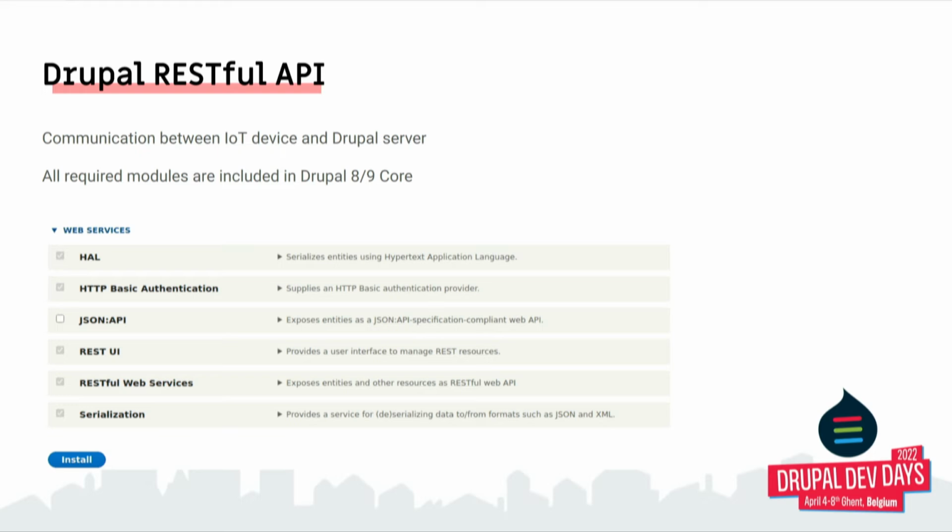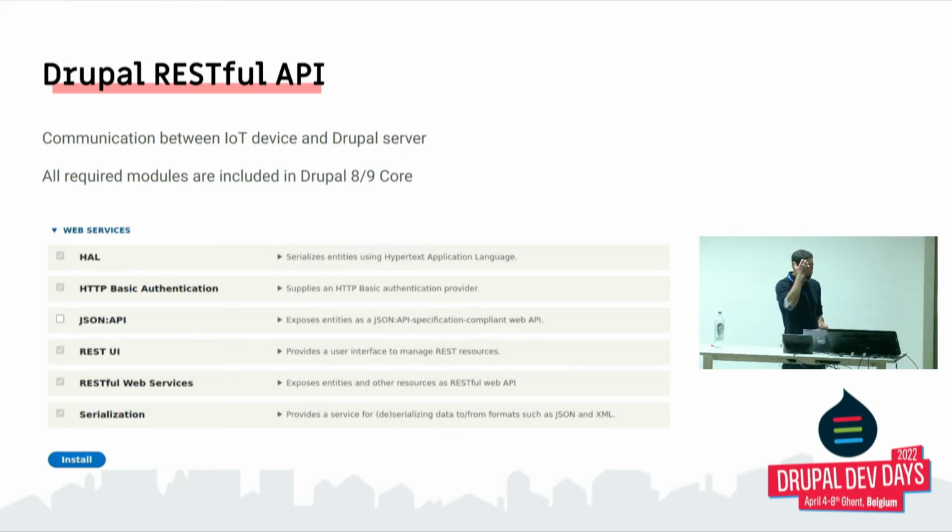Now we switch on the C++. Now we switch to Drupal, and whoever used the API in core probably knows that those are the modules you need to enable. Some for serialization, and you have UI; the main one is RESTful web services UI to actually click the resources you need.